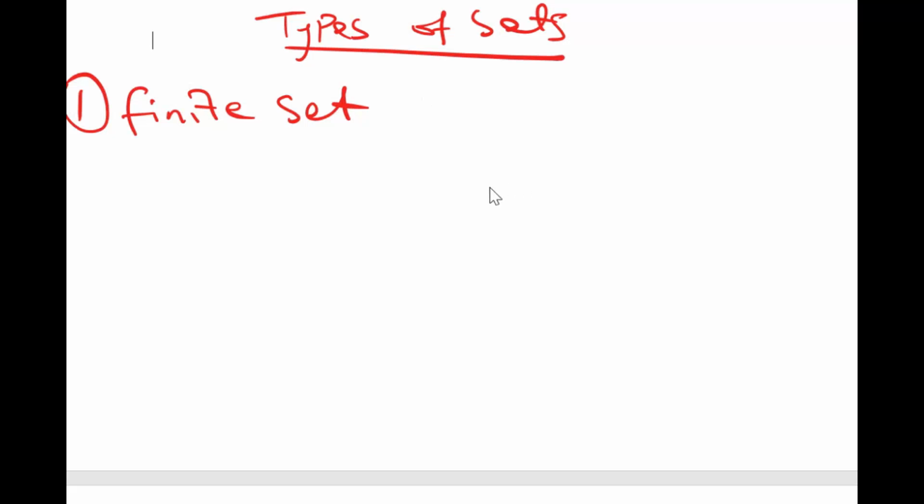For example, if P is equal to even numbers less than 30, that is 2, 4, 6, up to 28, then the elements are easily counted. So this is an example of a finite set.